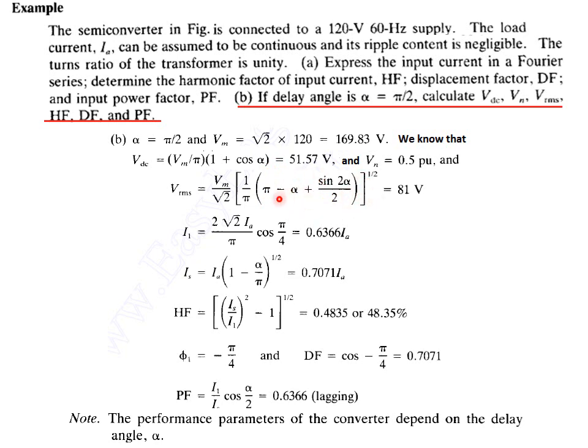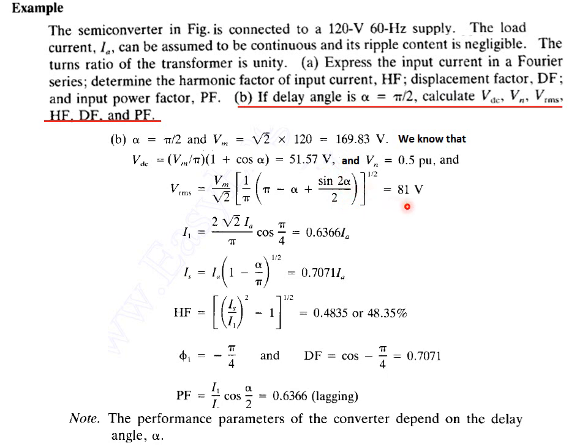Putting alpha as pi by 2 here, this term becomes pi minus pi by 2, so it becomes pi by 2. Substituting alpha as 90 degrees in the trigonometric terms, this value will become 0. Otherwise, whatever it comes you have to take.